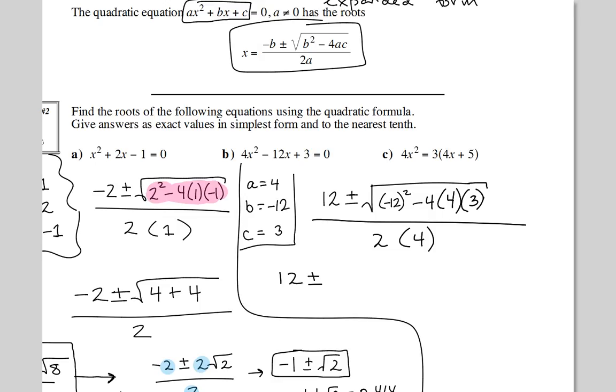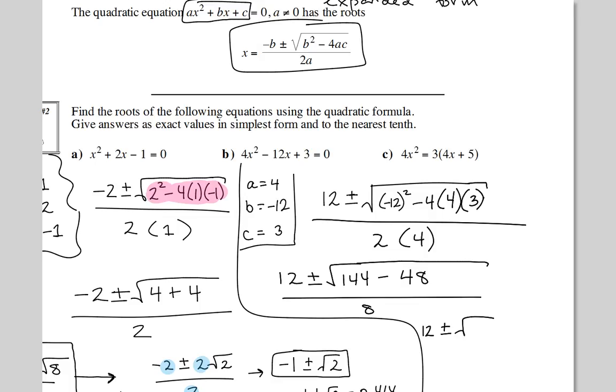12 plus or minus the square root of, we got 144 minus 16 times 3, or 12 times 4, oh my god, 48, all over 8. So you get 12 plus or minus √96 all over 8. Is 96 a perfect square?